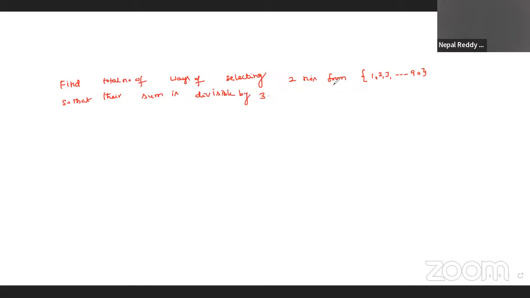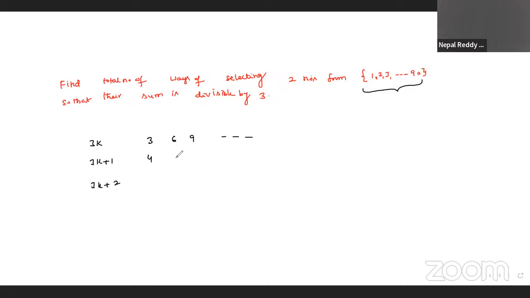From 1 to 90, there are natural numbers in the given set, and among them there are multiples of 3, multiples of 3 plus 1, and multiples of 3 plus 2. 3 types you will get. 3k multiples are 3, 6, 9 and so on.